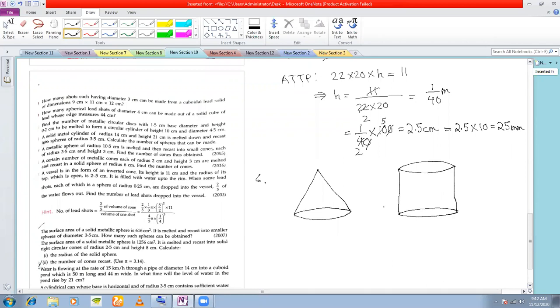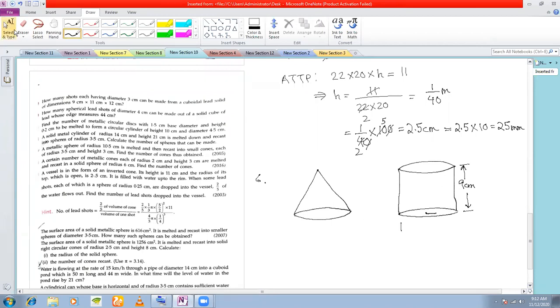The height of the cylinder is 9 centimeters, and the diameter is 40 centimeters.